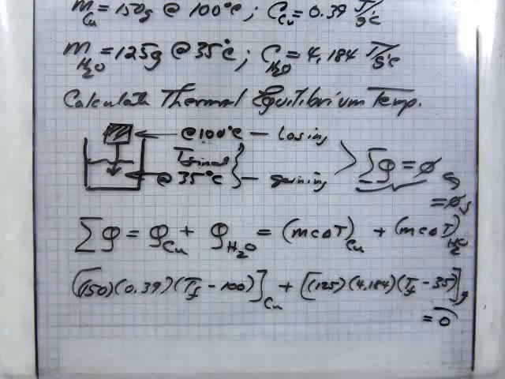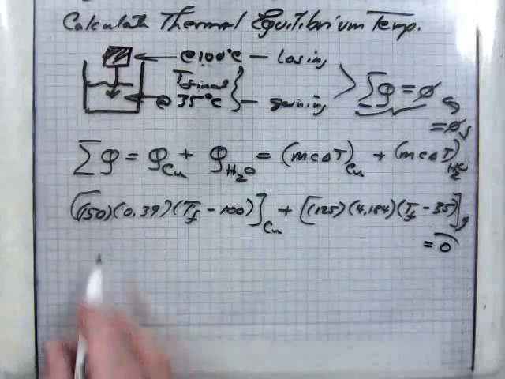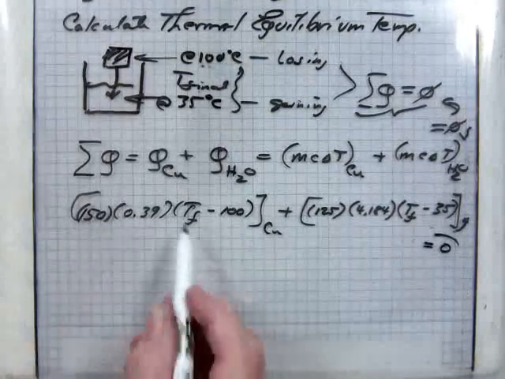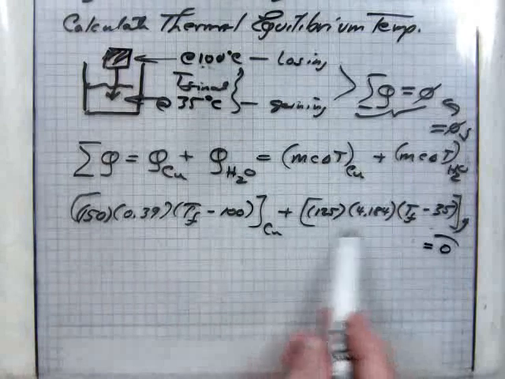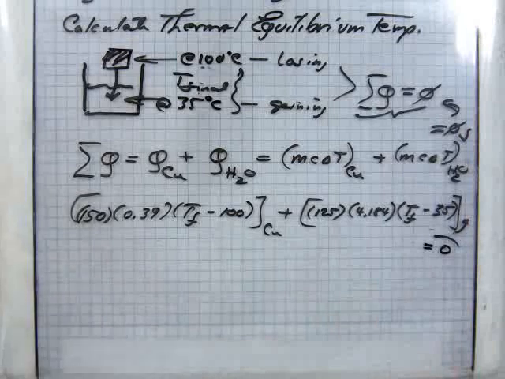Now, it's an algebra problem from here on. So it's 150 times 0.39 and distribute, and then 125 times 4.184 and distribute, and solve for the T final. That's all you're doing.